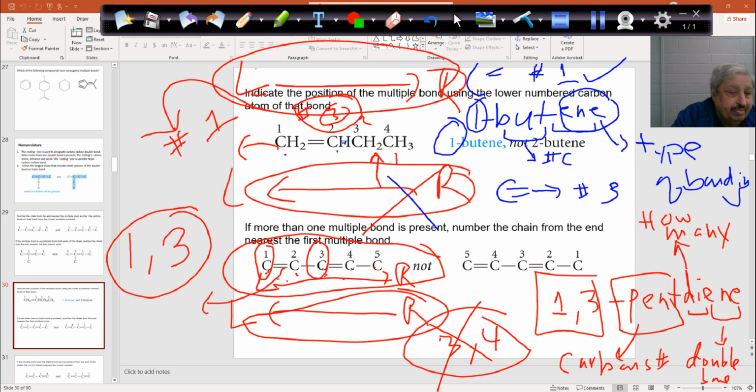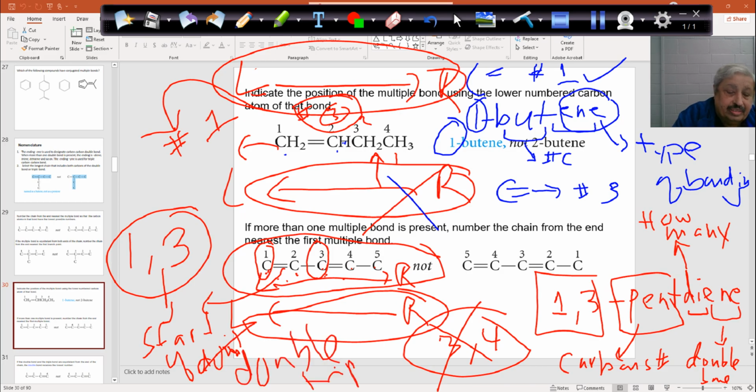Always the numbering is the start of the double bond or triple bond. Always the start, not 2. No, not 2. That's the end of the double bond.